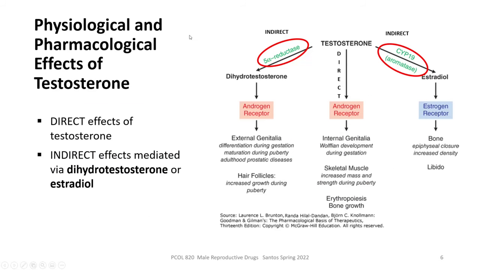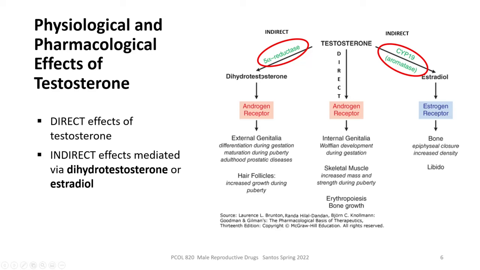So what are the physiological and pharmacological effects of testosterone? Testosterone has direct effects binding to the androgen receptor, which basically drive development of the internal genitalia, increased mass and strength of skeletal muscle during puberty, as well as erythropoiesis and bone growth. Looking to the sides here, we see the production of those two active metabolites, dihydrotestosterone and estradiol.